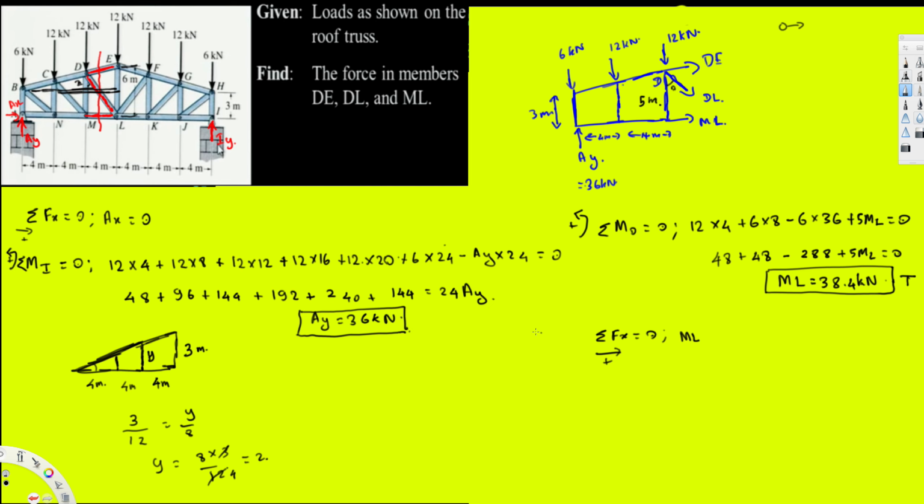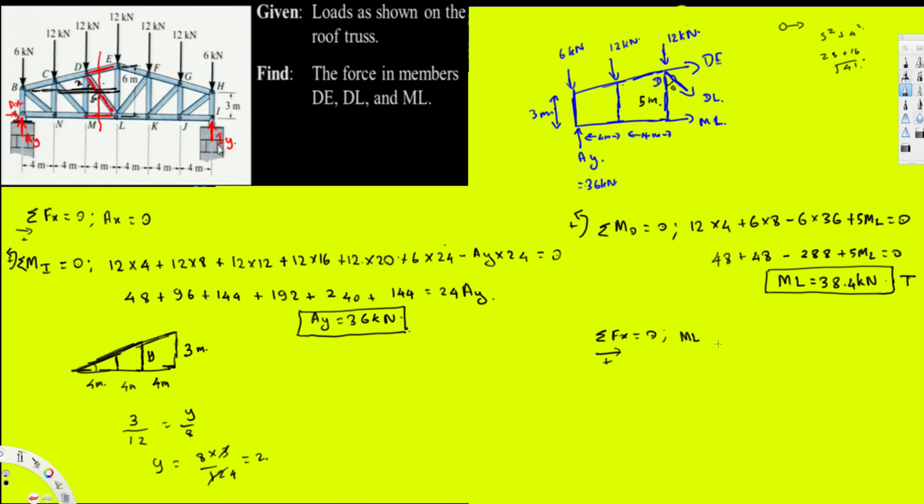So I can calculate it: 5 squared plus 4 squared, 25 plus 16, comes out to 41. The square root of 41 is going to be the hypotenuse of this one. So this is square root of 41.